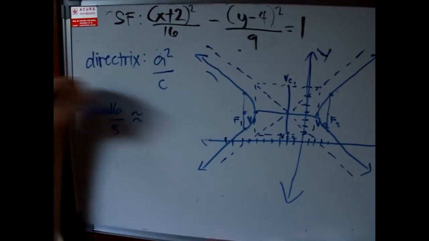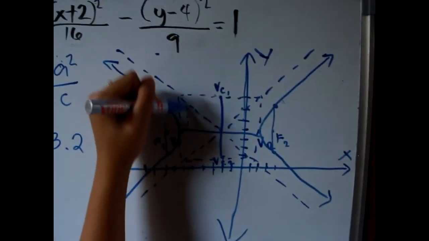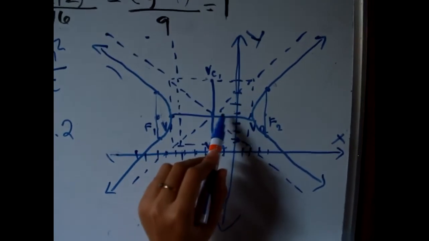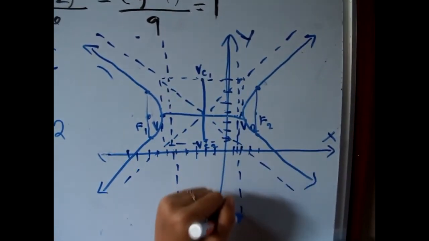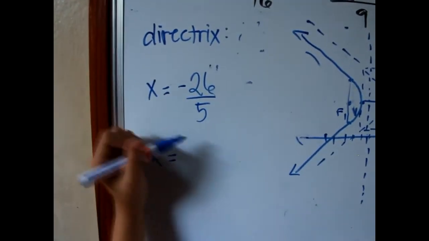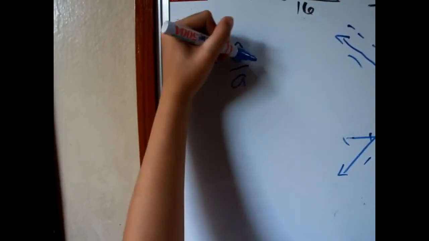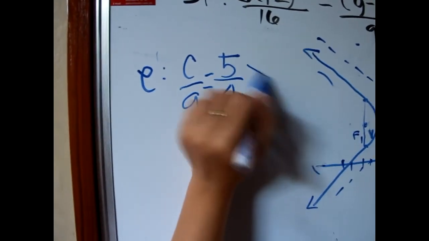Then we have to find the distance of the directrices from the center, which is 16/5. The lines are found on the x-axis, which are negative 26/5 and 6/5. And lastly, the eccentricity is 5/4, which is greater than 1, and therefore it is a hyperbola.